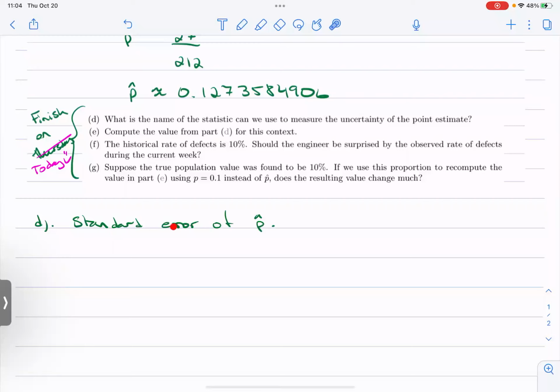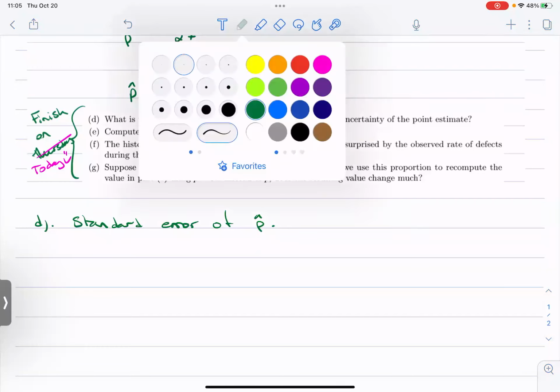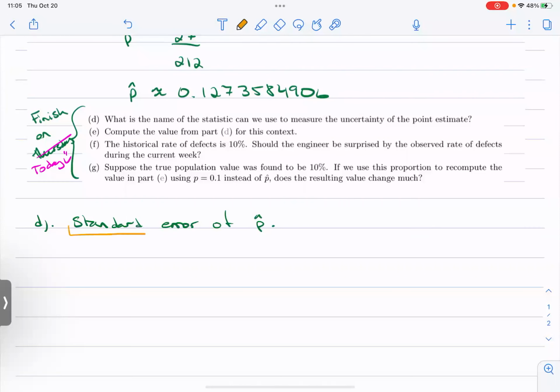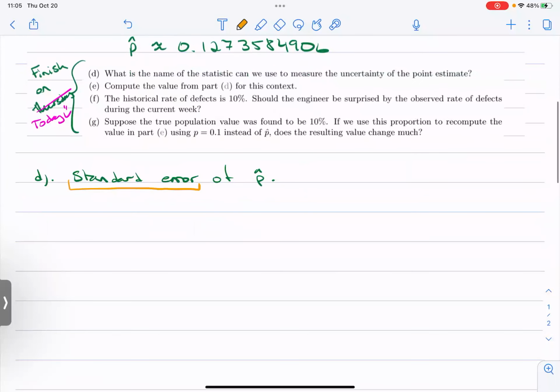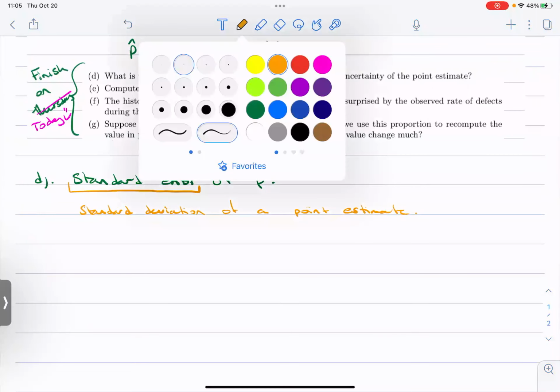Just as a reminder, the standard error behaves the same way as the standard deviation, except we needed new terminology because it's talking about a point estimate instead of one observation. So standard error is just a special term for the standard deviation of a point estimate. But it behaves the same way and we'll use it in the same way.